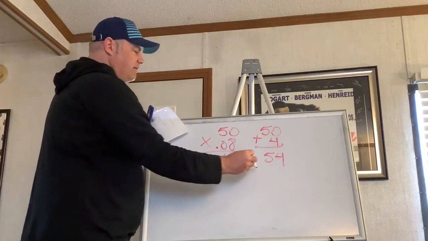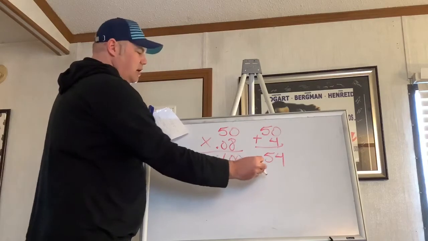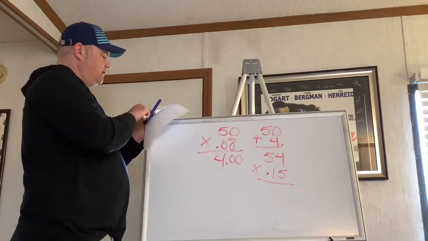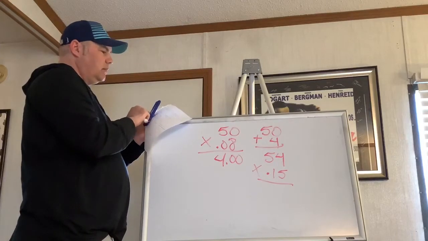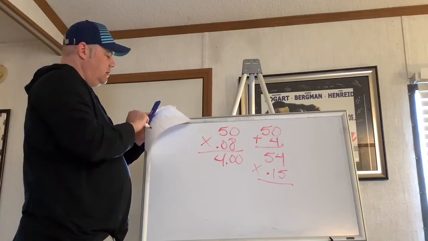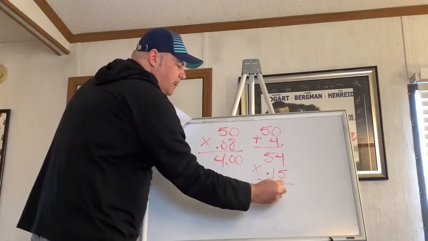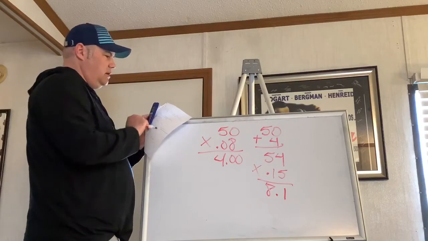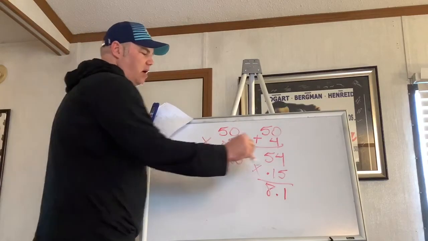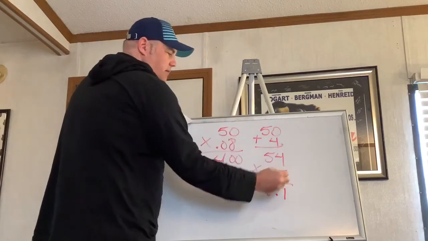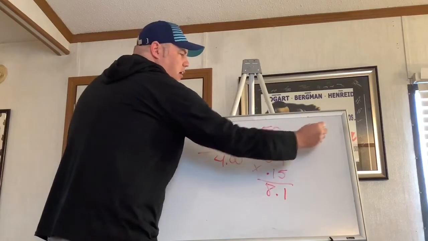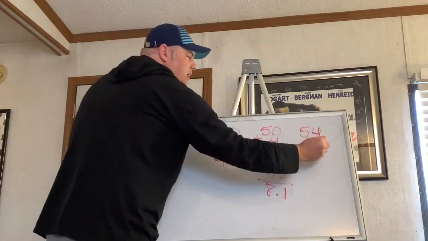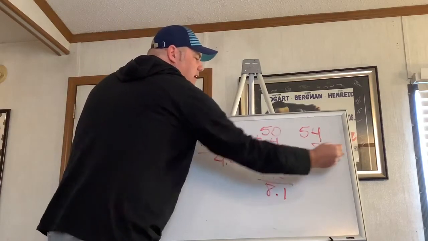So now you're going to find 15%, because we said on this problem we were going to tip 15%. So I do 54 times 0.15, and I get 8.1. So my tip was $8.10. I'm paying 54 after the tax, and then I'm paying 8.10 in tip.